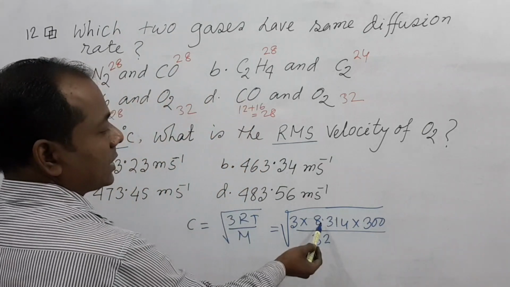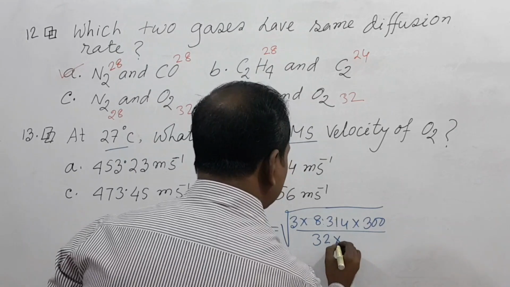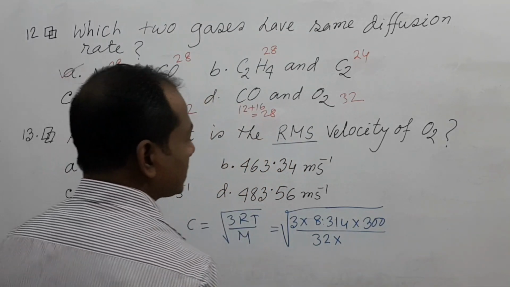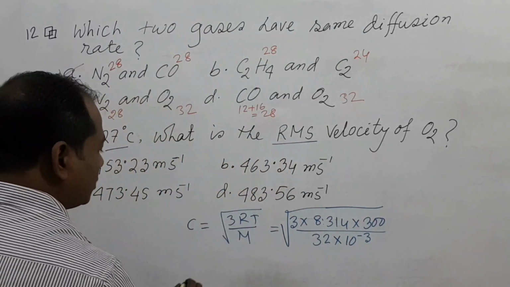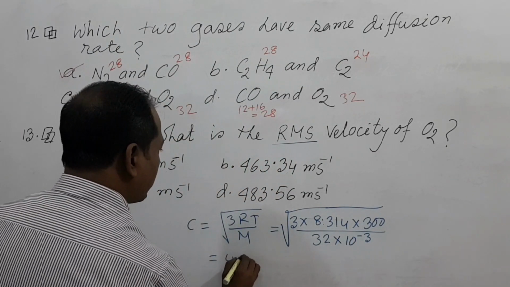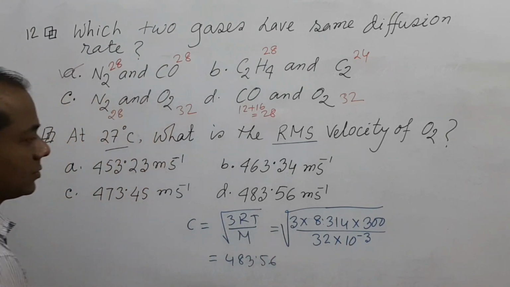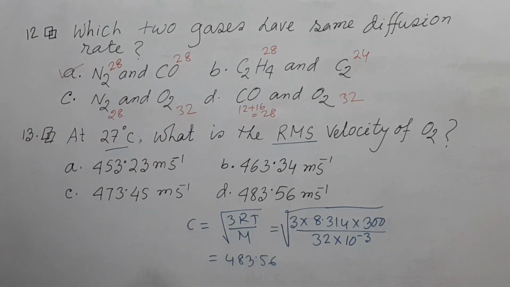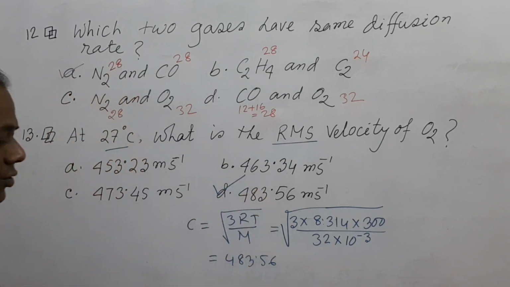Here we use SI unit for R. So molecular mass of oxygen is 32 into 10 to the power minus 3, and we get the answer 483.56. So we can say that the correct answer is option D.